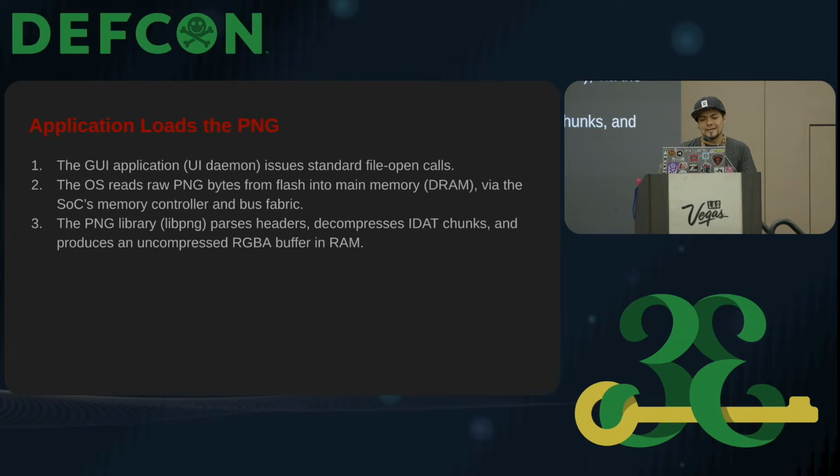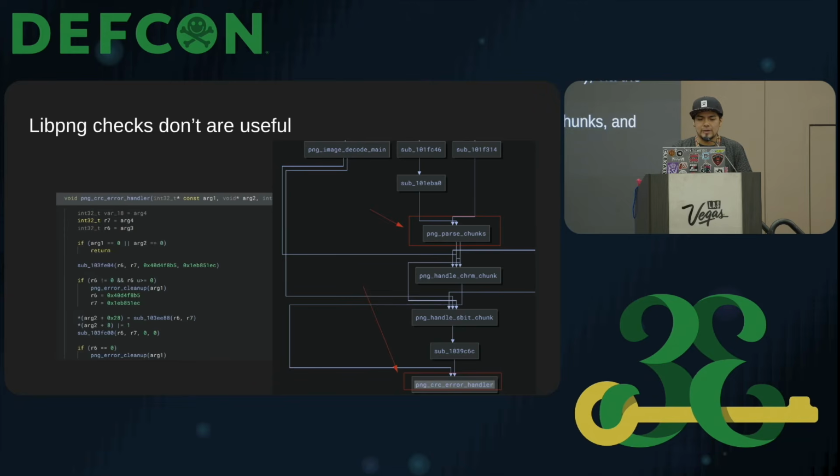So basically, the operating system reads the raw PNG bytes from flash into the main memory via the system-on-chip's memory controller and bus fabric. After that, this is passed to the libpng function. Basically, the libpng library parses the headers, executes a verification process on the image, decompresses the IDAT channels and produces an uncompressed RGBA buffer in RAM.